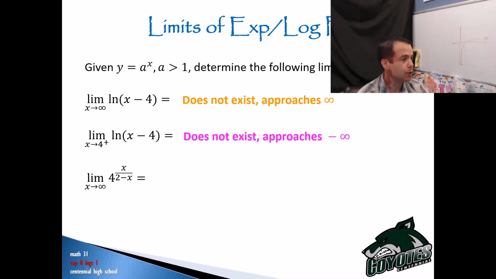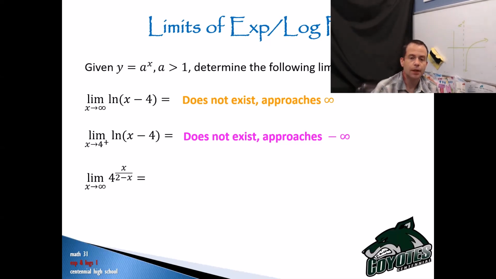And visually, what I want you to see there is that if that was x minus 4, there's a vertical asymptote at 4, right? You should feel comfortable enough about that from your previous knowledge. So this graph is going to go like this, where this is x equals 4. So it makes sense that as I approach 4 from the right, my y values are going to get bigger and bigger in a negative direction and tell me that I'm approaching negative infinity.